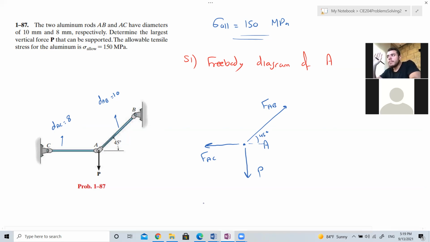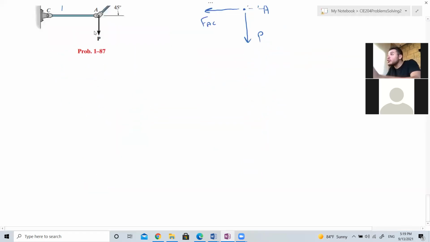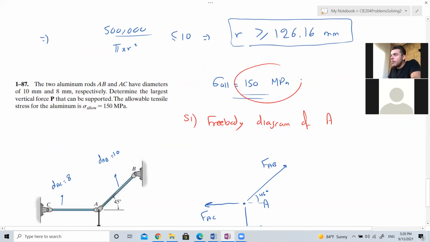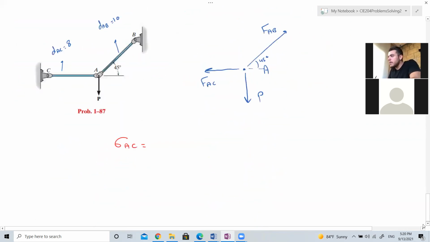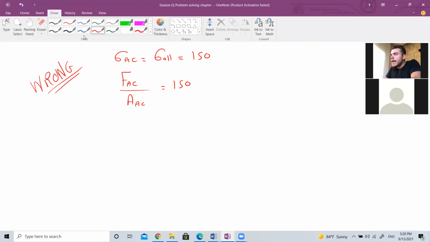Many students do something which is wrong. They say that sigma AC is equal to the allowable, which is 150, and then we get the force AC because we have the area of AC.